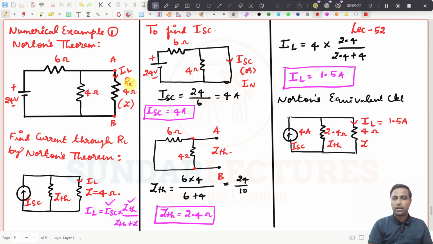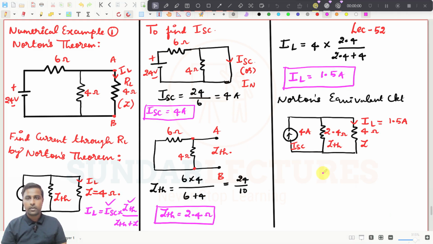If you found IL by mesh current or nodal voltage analysis, you have to solve the circuit again to get the current value here. That is the difficult thing if you are going by mesh current or nodal voltage analysis.